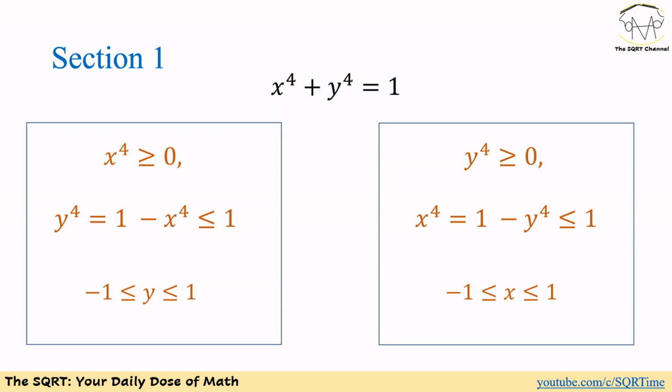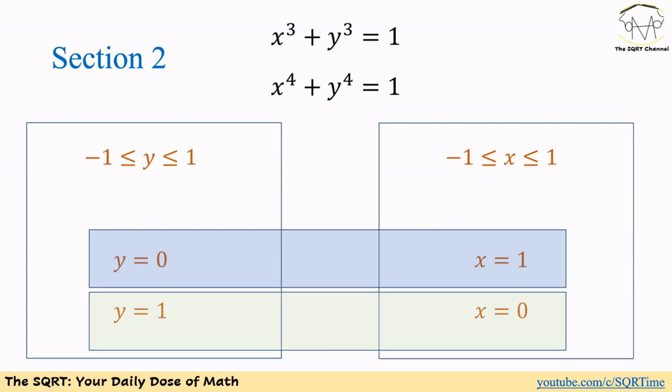Now we are going to do the same thing for x. Since x to the power of 4 and y to the power of 4 is symmetric for x and y, we can also conclude that x is also between negative 1 and positive 1, again including those numbers.